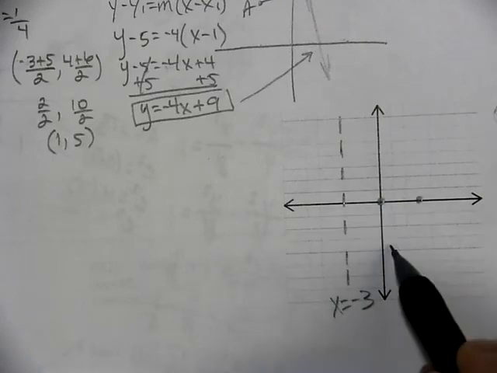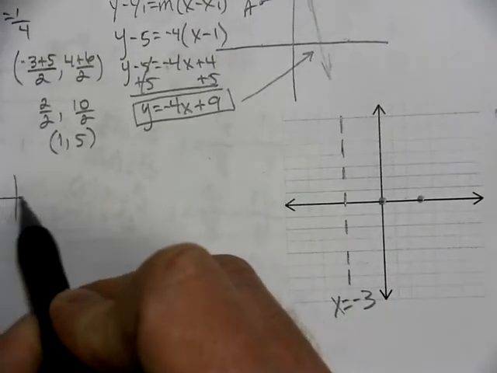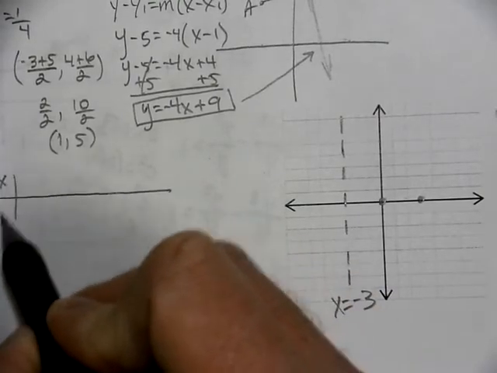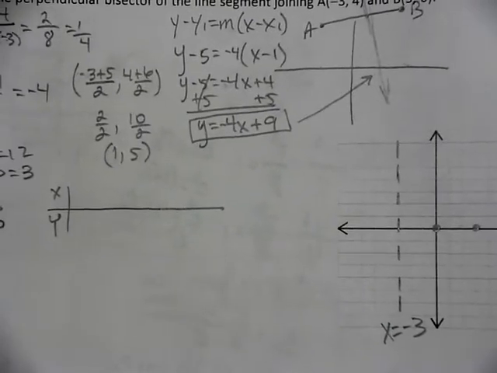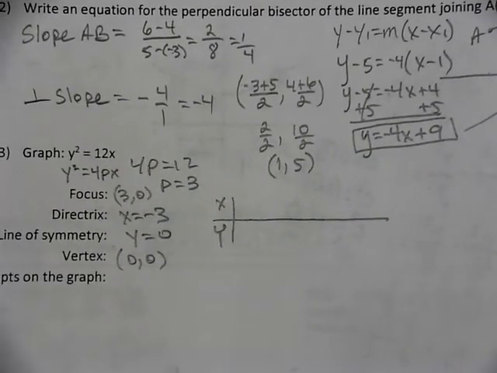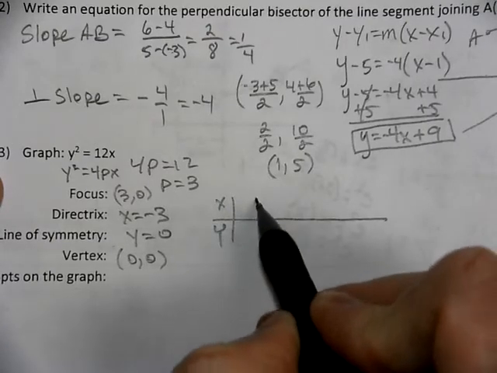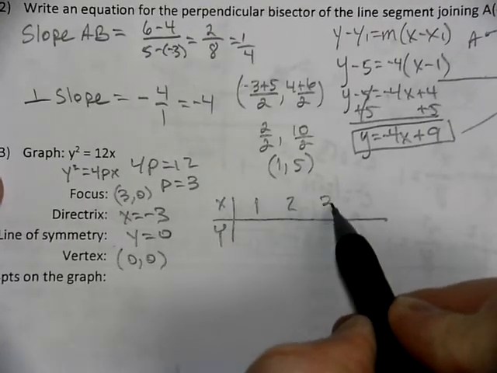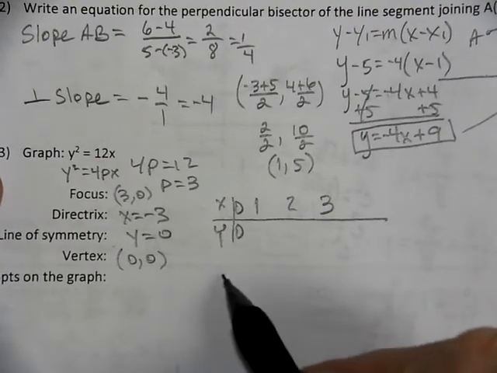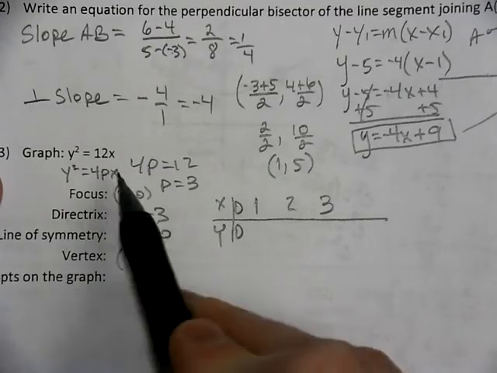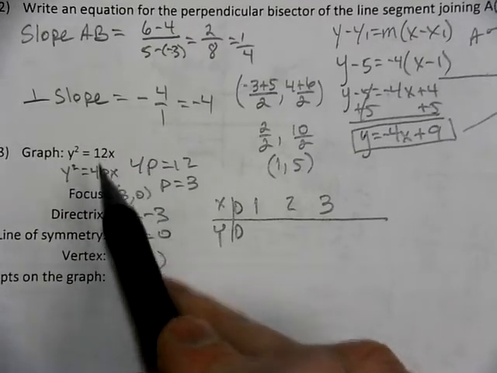We're going to pick x values, and then we'll take the square root. So some x values we can pick: x is 1, x is 2, x is 3. Of course, when x is 0, we get y is 0. That's the vertex.